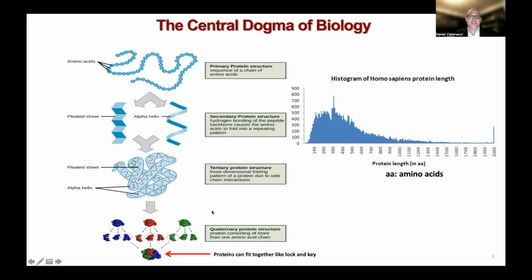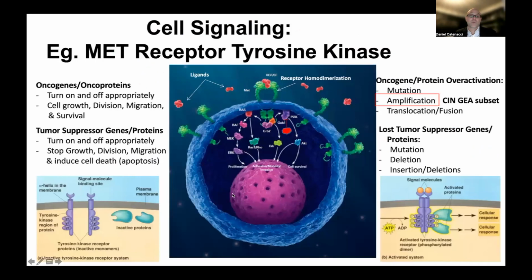Proteins fit together like a lock and key. And so the three-dimensional folding is important, again, as dictated by the sequence of amino acids, and they can come together and bind to each other. Similarly, when we were talking about targeted therapies, we looked at how proteins can bind to each other like ligands and receptors in a lock and key function. And this binding can then activate or lead to conformational changes in the three-dimensional structure that then lead to activation of proteins that then can bind other proteins and activate them.